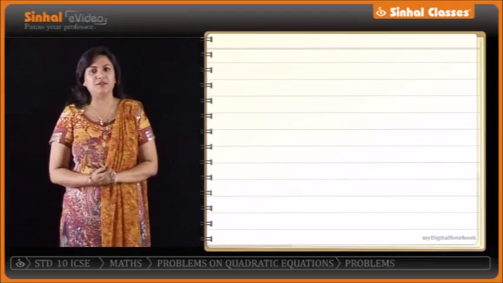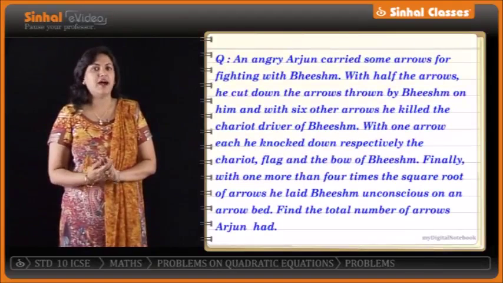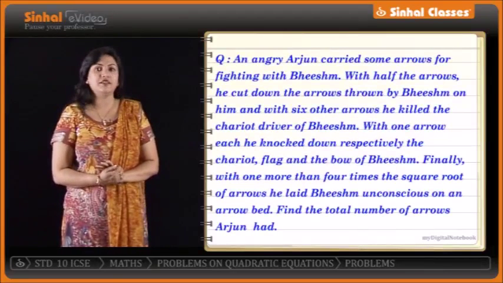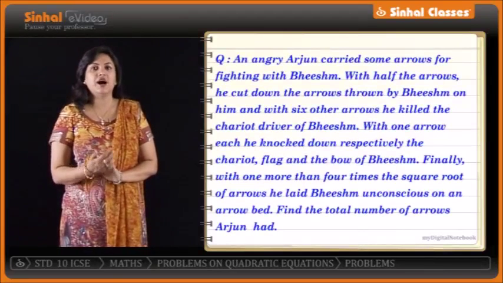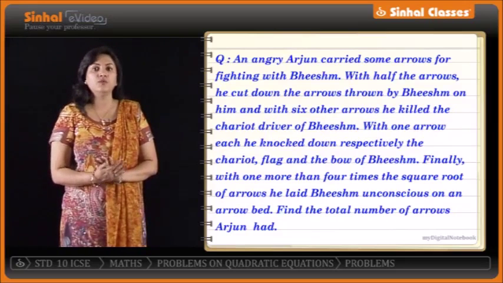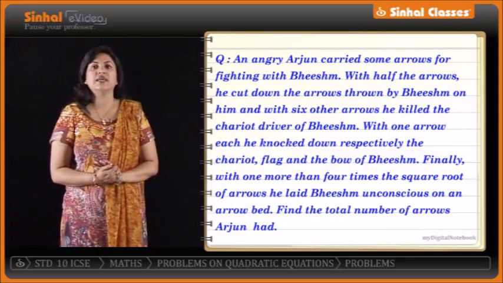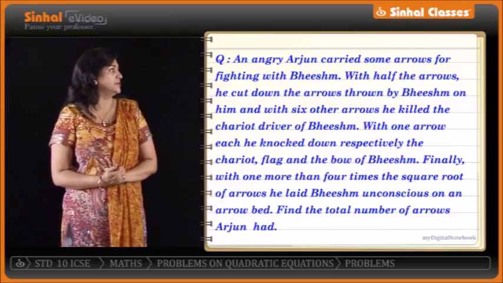To the next problem: an angry Arjun carried some arrows for fighting with Bhishma. With half the arrows, he cut down the arrows thrown by Bhishma, and with 6 other arrows, he killed the chariot driver of Bhishma.